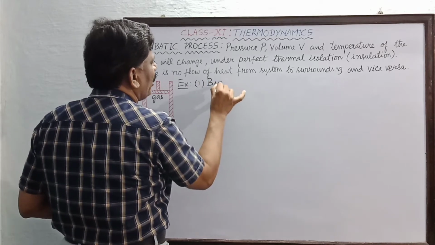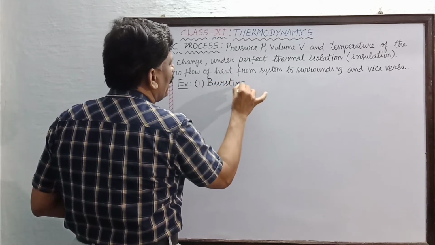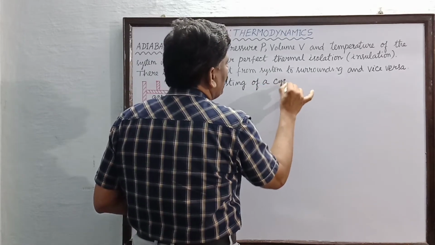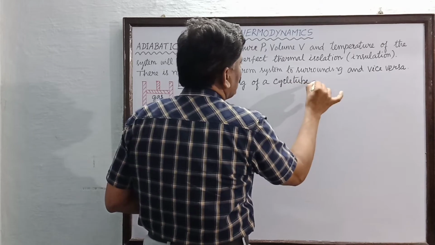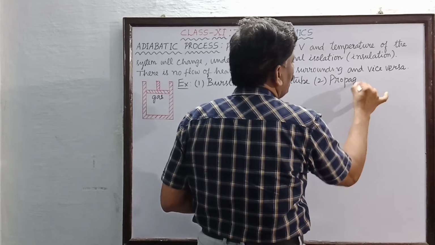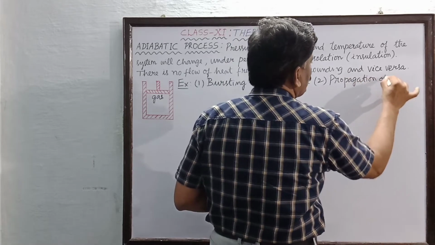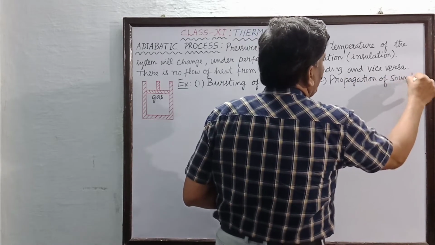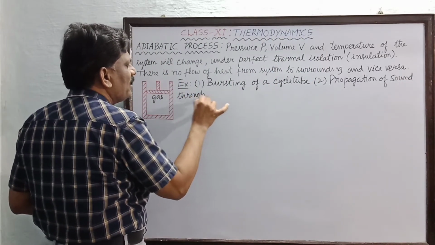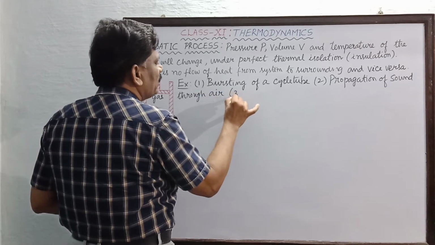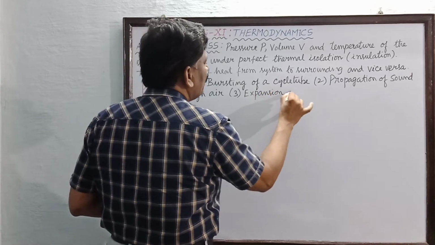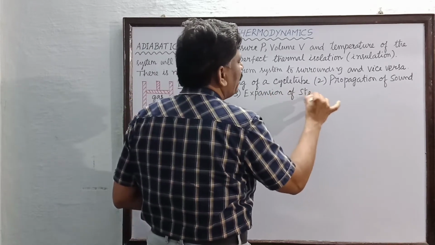The bursting of a cycle tube or a car tube. Then another example, the propagation of sound through gases or through the air. Then expansion of gases inside engines, expansion of steam in a steam engine.